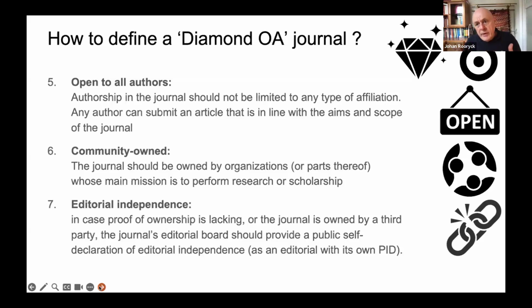For instance, if it's not clear who owns the journal, or if the journal title is in the hands of a publisher, could we envisage that, for instance, if the journal editorial board has a declaration of independence of some sort in an editorial, clearly stating that they can operate independently from the publisher who owns the title, would we consider that sufficient?